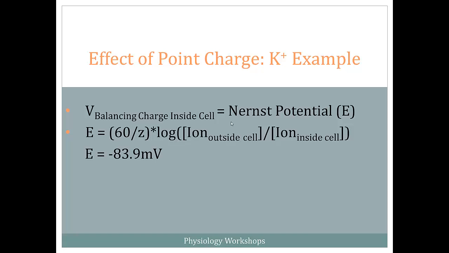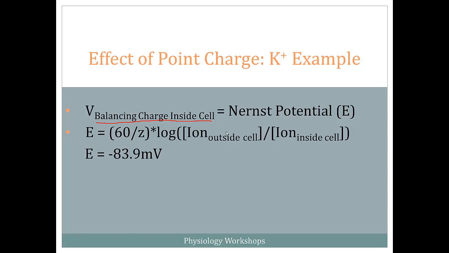Alright, so let's quickly remind ourselves that the Nernst potential gives us the voltage necessary to balance the desire of the ion to move either into or out of the cell. It's the voltage for the balancing charge inside the cell.